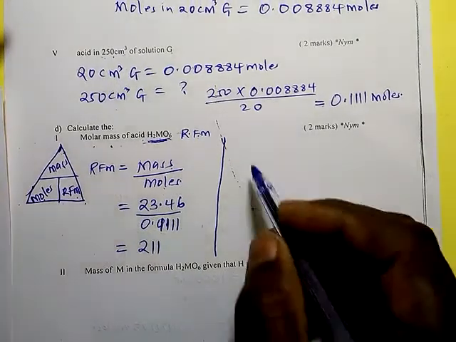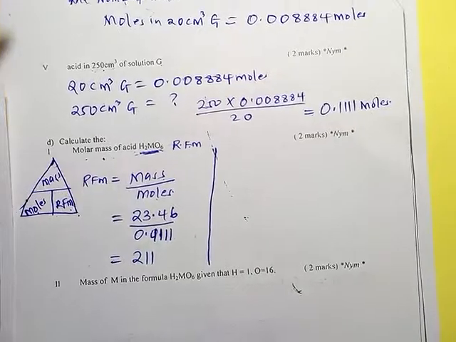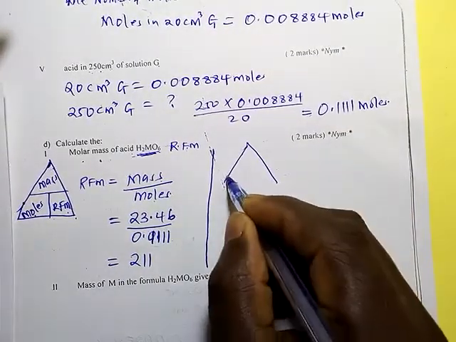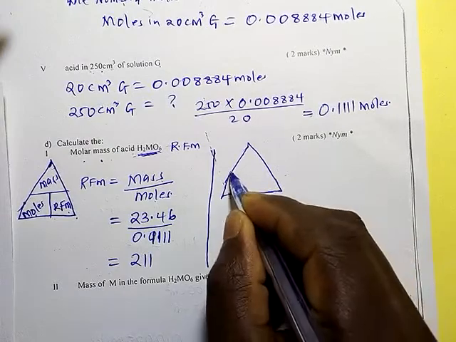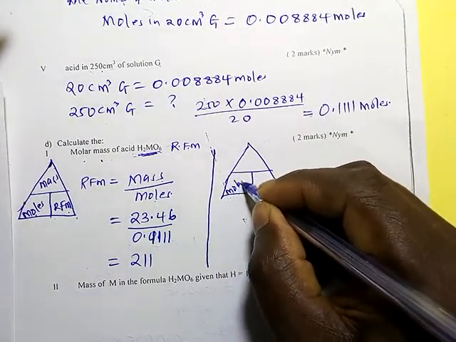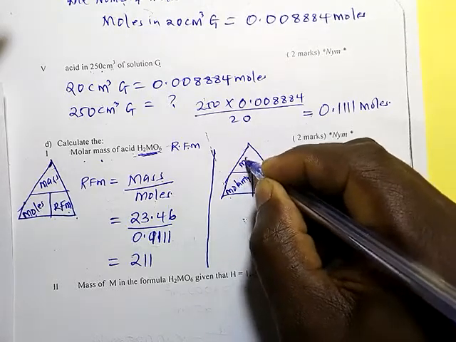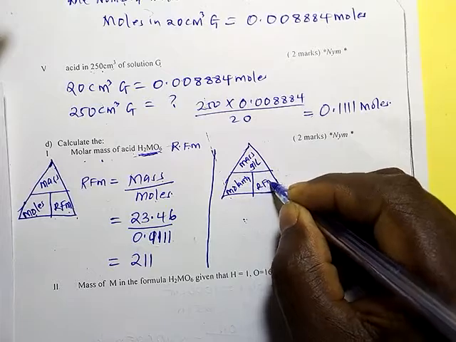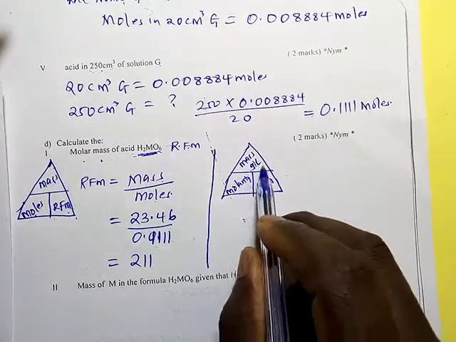But we can also do it in a different way. Let me approach it using this triangle: molarity, mass in grams per liter, and RFM. So I can get RFM using mass in grams per liter.